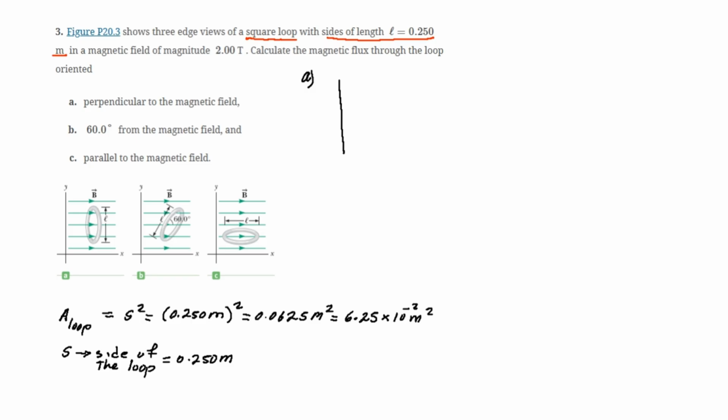In red, I will represent my magnetic field, which is perpendicular to the loop. When the magnetic field is perpendicular to the loop, then remember that the normal to the area of the loop is parallel to this magnetic field.